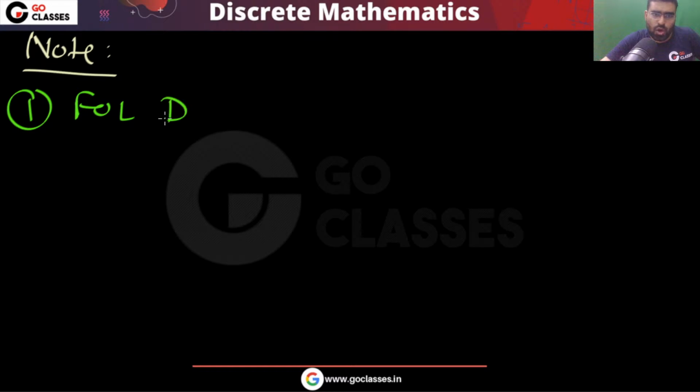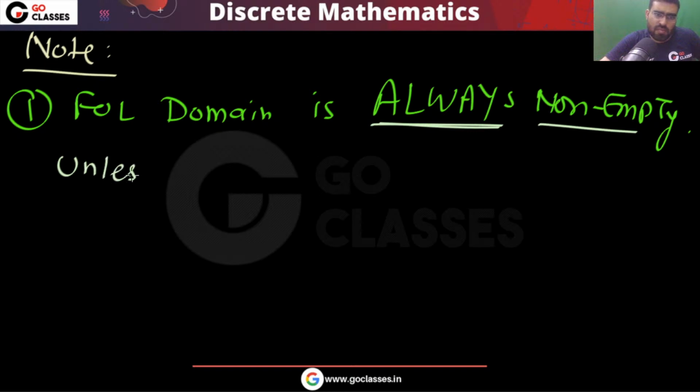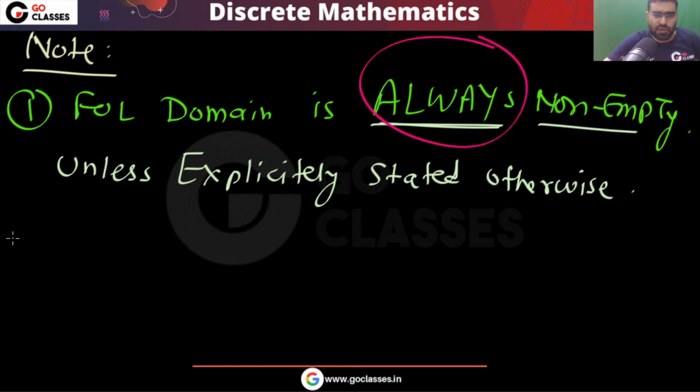First order logic domain is always non-empty unless explicitly stated otherwise. Like, if the question says that the domain is empty, then the domain must be empty. Otherwise the first order domain is always non-empty.